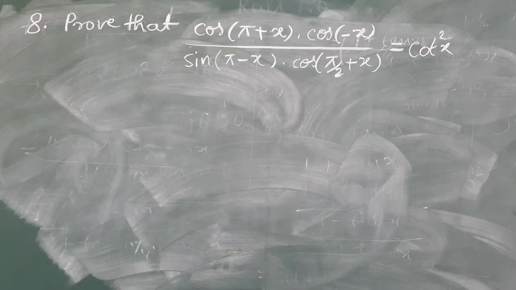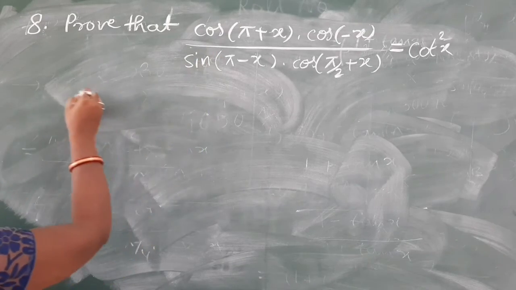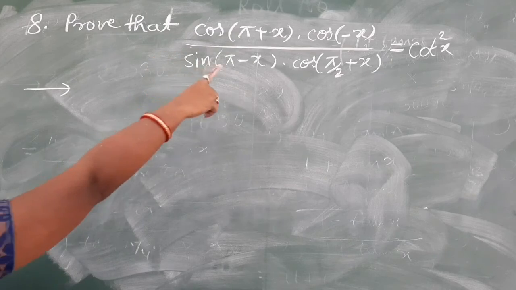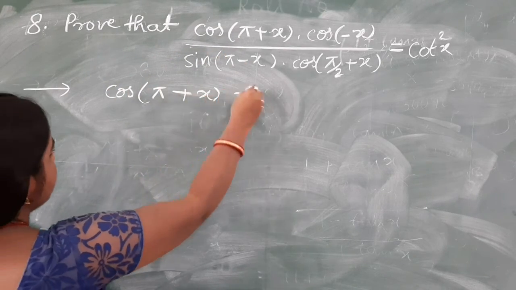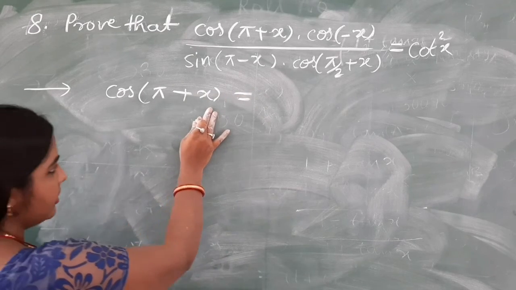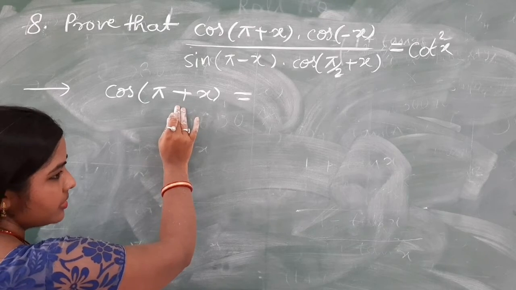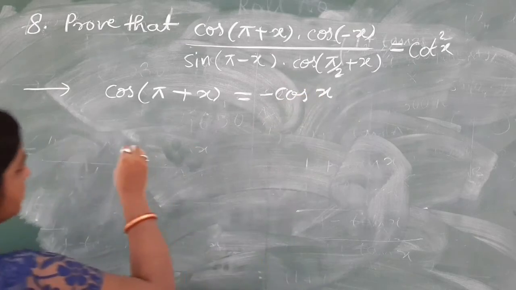Question number 8. Prove that cos(pi plus x) into cos(minus x) by sin(pi minus x) into cos(pi by 2 plus x) equals cot square x. So here we will apply values one by one, means quadrant values in different angles. Cos of pi plus x: cos pi plus theta is in the third quadrant, and in the third quadrant cos is negative, so minus cos x.